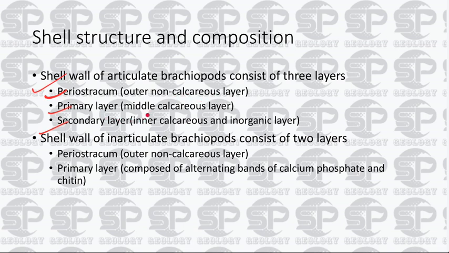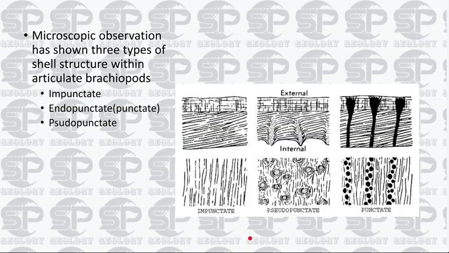Then the primary layer consists of a middle calcareous layer, and the secondary consists of a calcareous and inorganic layer. 3 layers like this. This is the external part. Then internally it has 2 layers. So periostracum, then primary layer, then secondary layer.